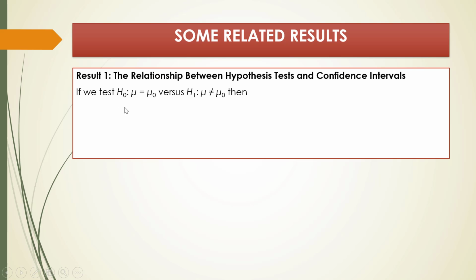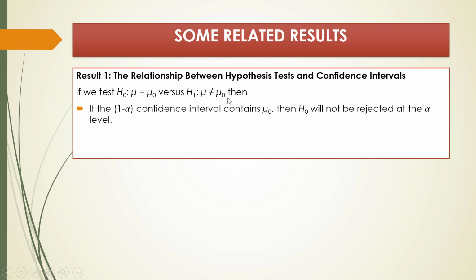So if we test the null hypothesis mu equals mu naught versus the alternative mu not equal to mu naught, then if the 1 minus alpha confidence interval contains the specified value mu naught, then H naught will not be rejected at the alpha level.